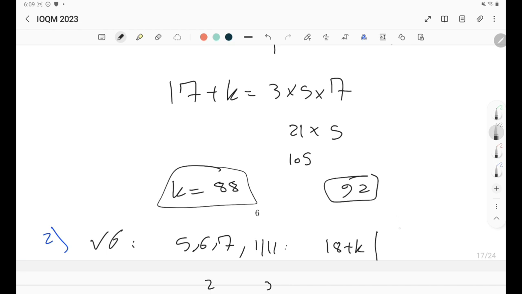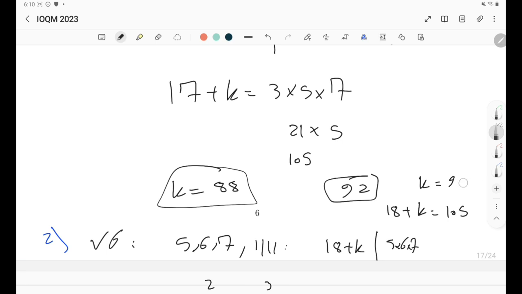So the best thing we can do, the exact same thing, 80 plus k. It's going to make it like this. So also 105, and we can think about it. The k is what exactly? Actually, here is the same thing, but k here is going to be 91.